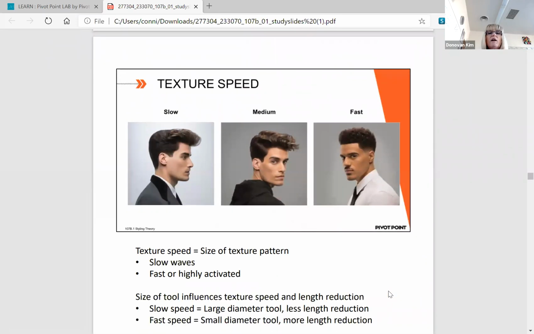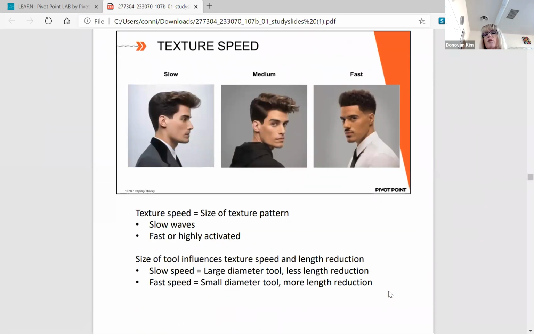Believe it or not, and this is true not only of Pivot Point but some of the other books I've seen, they say texture has a speed: slow, medium, or fast. Basically, the size of the curl determines the speed of the texture. A slow speed usually uses a larger tool and has more waviness.